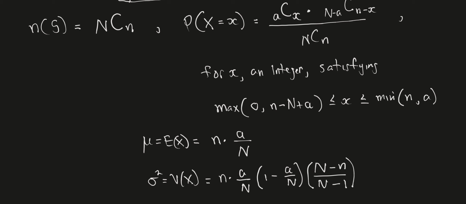This factor is called a finite population correction factor, and it's just a fancy phrase for the fact that, because we're sampling without replacement, independence goes away, and some other things affect the variance, and it's all accounted for in this particular formula.